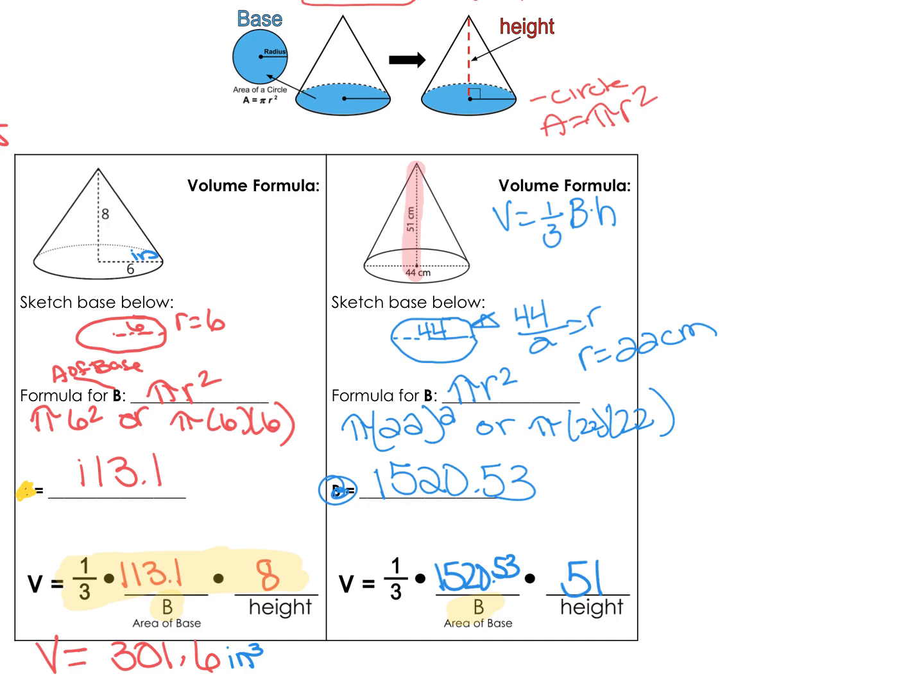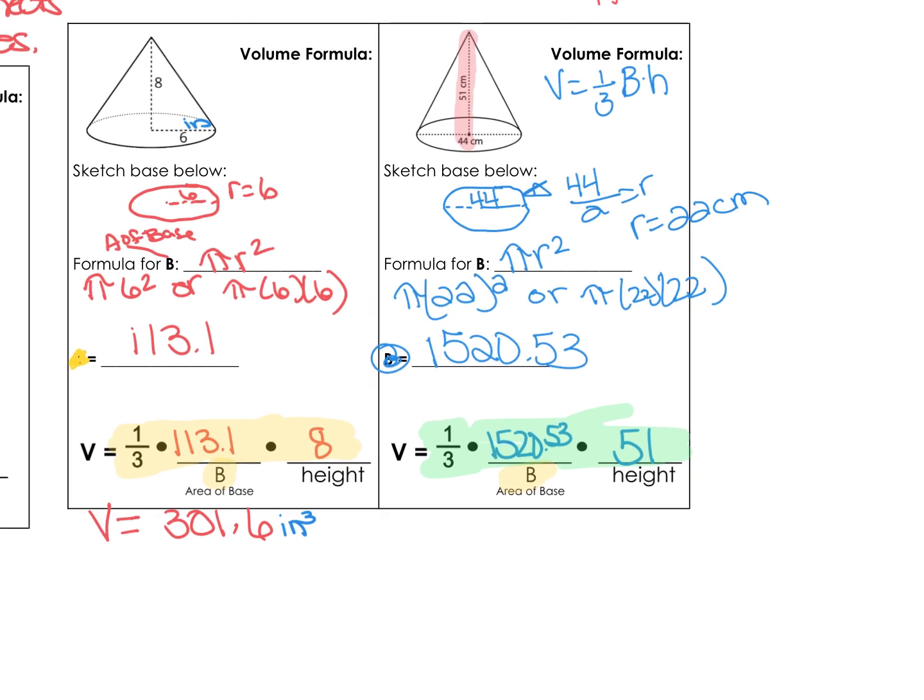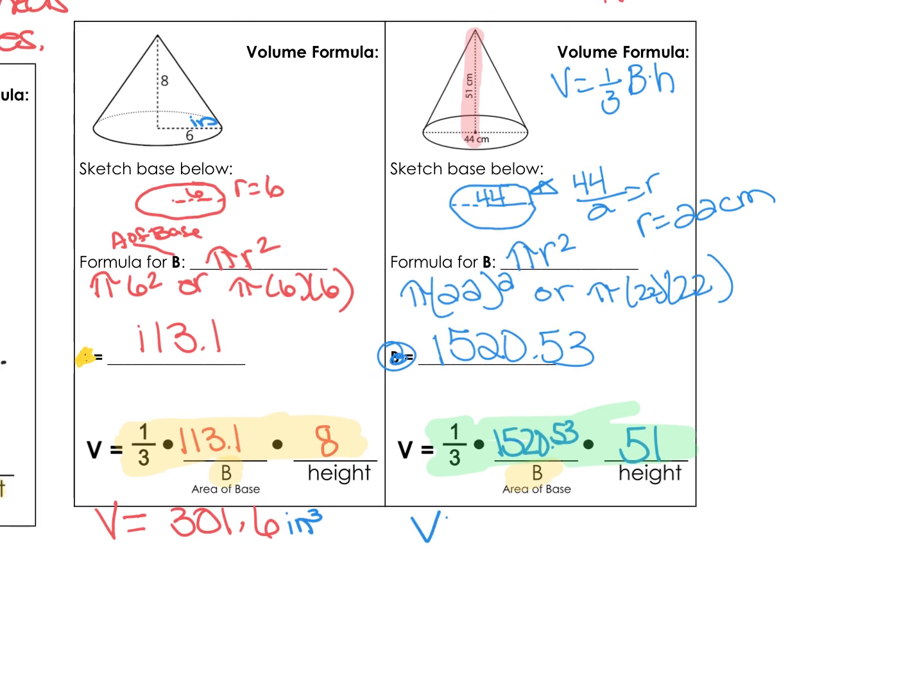And I'm going to take that, multiply it by 1/3. So let me finish plugging all of this into Desmos. Go ahead and plug all of this that I'm highlighting here into Desmos. And when I do that, I have the volume equals 25849.01. And then I'm going to give it a label, centimeters cubed.